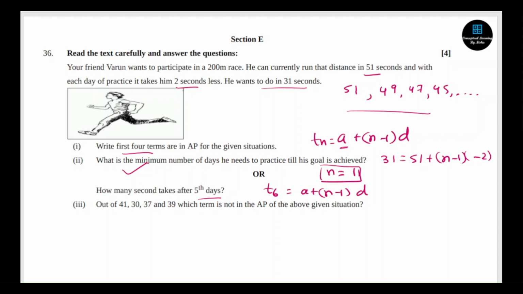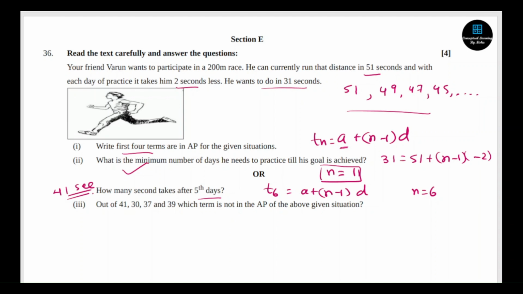Use this formula again, substitute the values and put n equals 6, because they are asking for after 5 days. So n equals 6. Put all the values and you can find the answer. You will get 41 seconds for that.